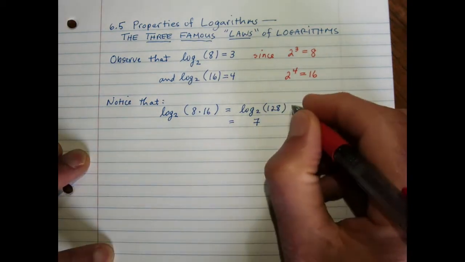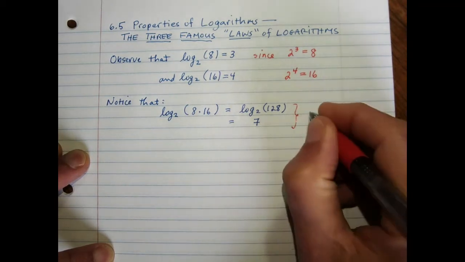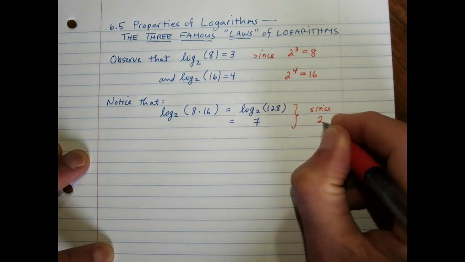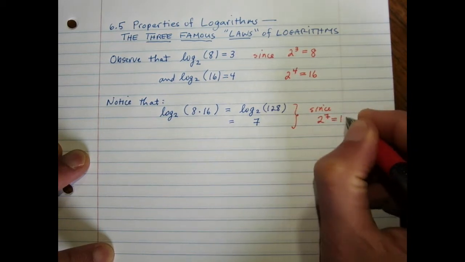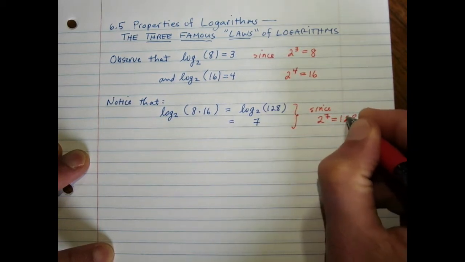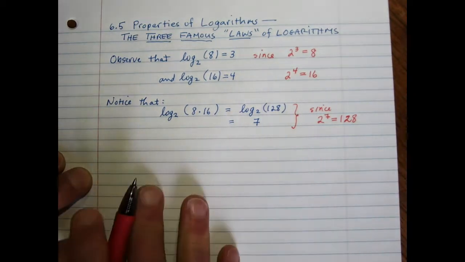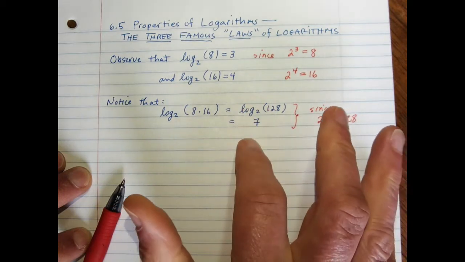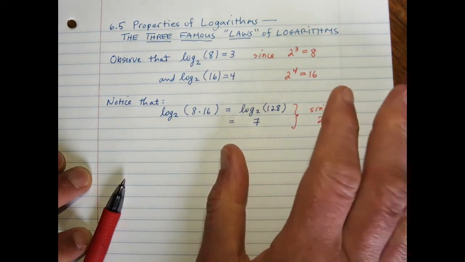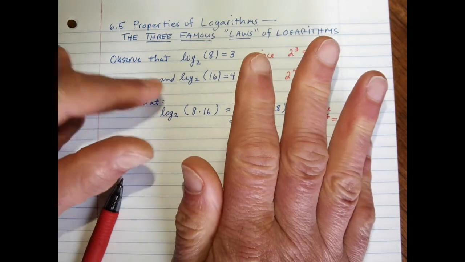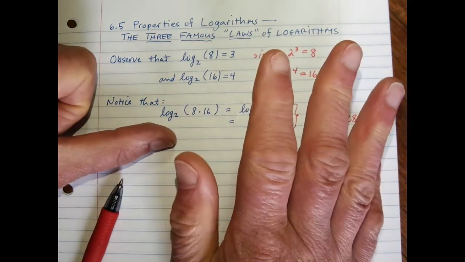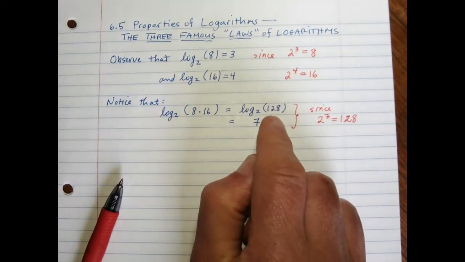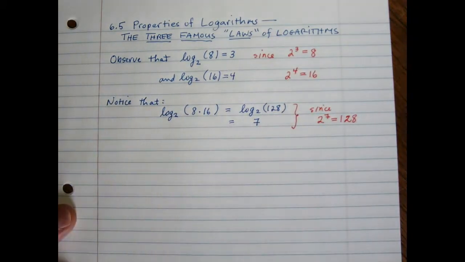Now that's not totally obvious, but again, it's because 2 to the 7th equals 128, and we can figure that out on our fingers by taking 2 times 2 is 4 times 2 is 8 times 2 is 16 times 2 is 32. That's 2 to the 5th. I need 2 more fingers. Times 2 is 64. 64 times 2 is 128. That's 2 to the 7th power.